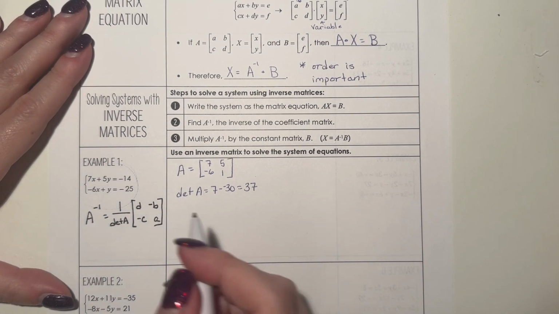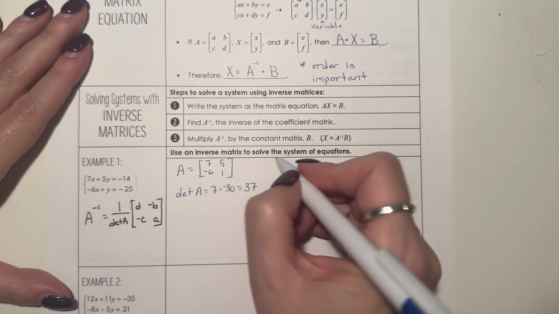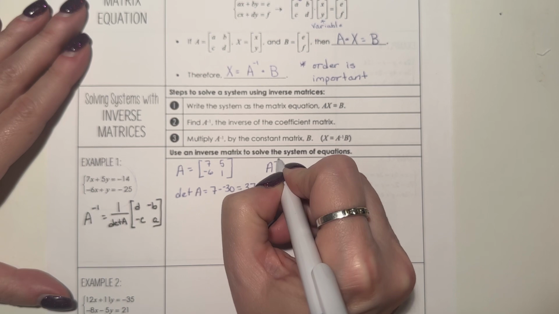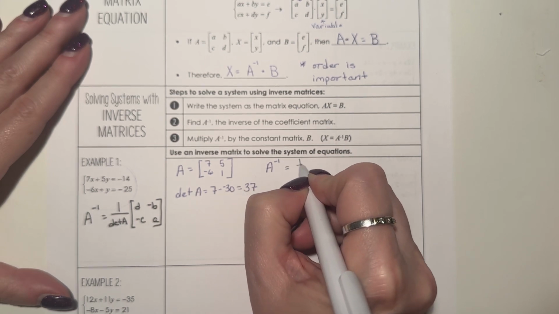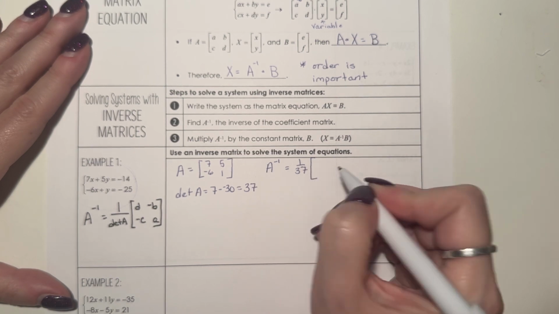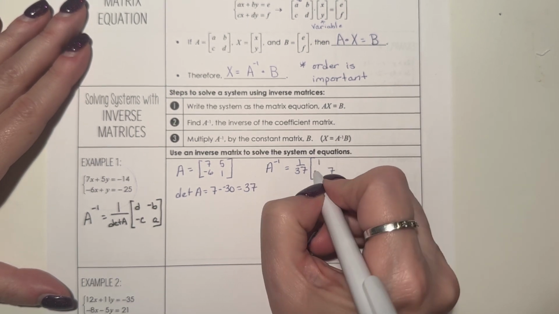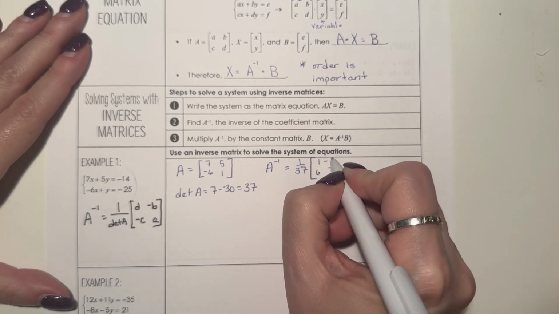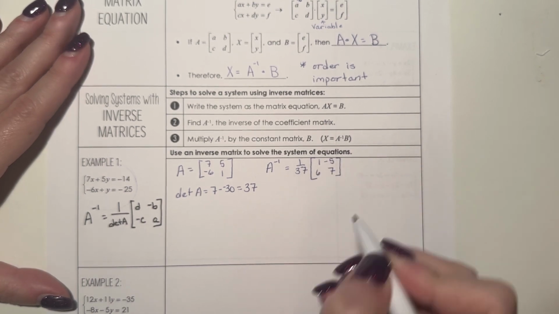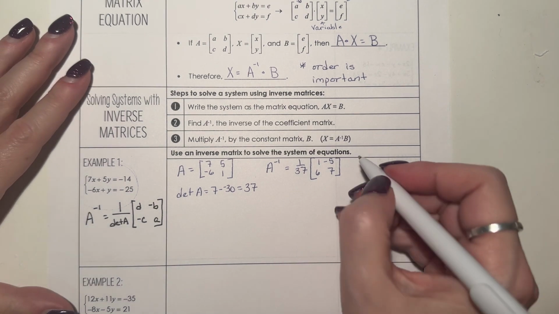Okay, so let's write out our inverse and then we'll work our way through it. So A inverse is going to be equal to 1 over positive 37. Swap your positions on the main diagonal. Change your signs on the other. So here's where we're kind of getting to that sticky bit because you've got to do fractions.